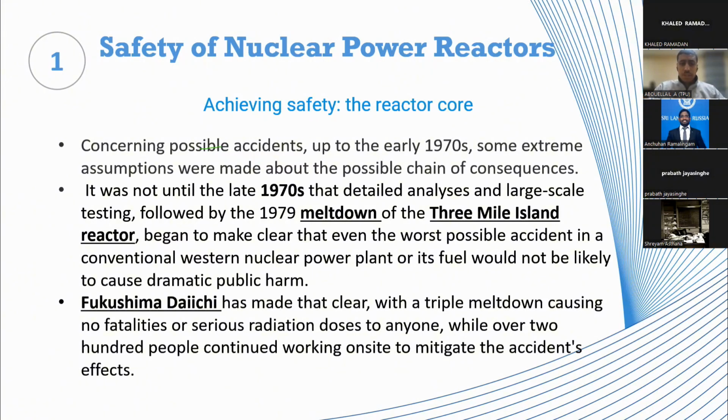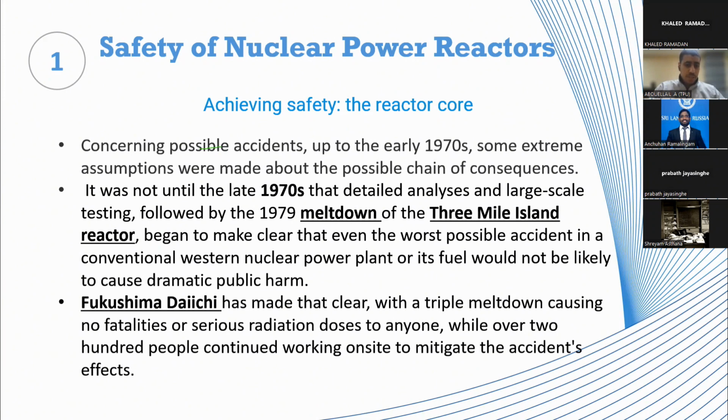It was not until the late 1970s that detailed analysis and large-scale testing took place. The meltdown at the Three Mile Island accident began to make clear that even the worst possible accident in a conventional Western nuclear power plant would not be likely to cause dramatic public harm.